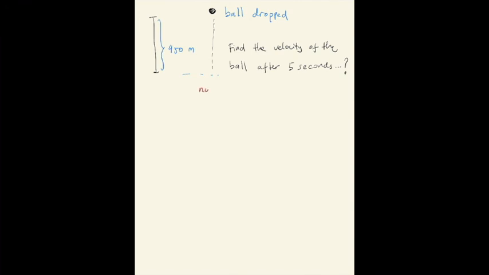So there is no time interval. You have a ball drop, the distance is 450 meters, and you need to find the velocity after 5 seconds. But you cannot do anything, right?